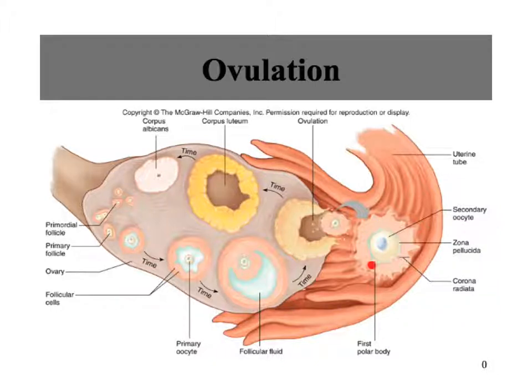Notice the first polar body still traveling there has not gone through meiosis II, simply because we are waiting on fertilization. This secondary oocyte gets picked up by the fimbriae into the uterine tube post-ovulation, and those muscular contractions along with cilia that line the uterine tube will slowly pull that secondary oocyte into the canal.